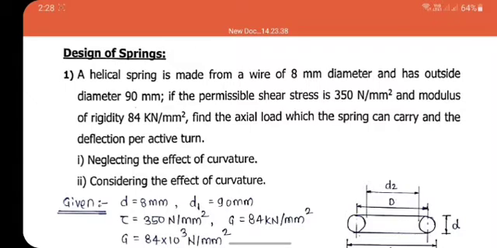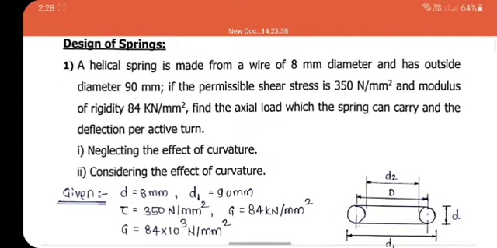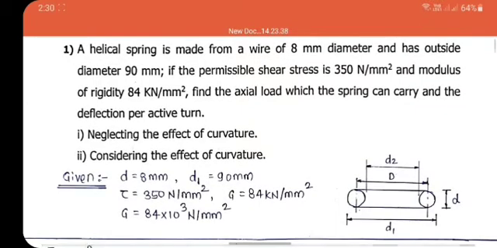So in the example, the given data is: wire diameter, denoted by small d, is 8 mm. Now refer to this figure for this example. Here the outside diameter is mentioned, that is 90 mm.